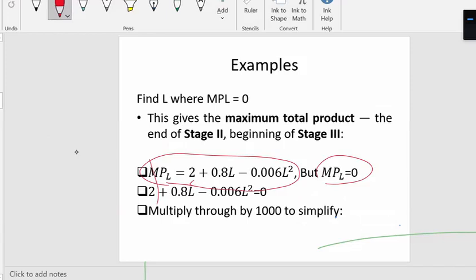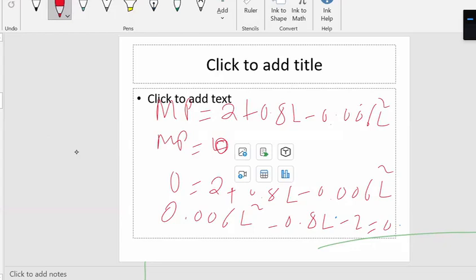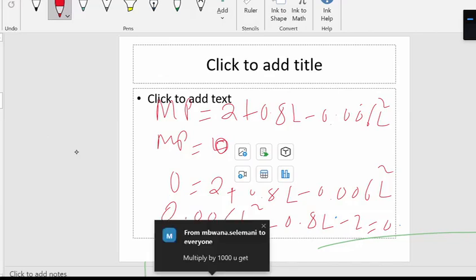Okay, it's okay. What you can do, jaribu kuzidisha 1000 kila namba. Baada ya kufanya hivyo, zidisha kwa sababu 0.006 multiply by 1000, kila sehemu zidisha kwa 1000.